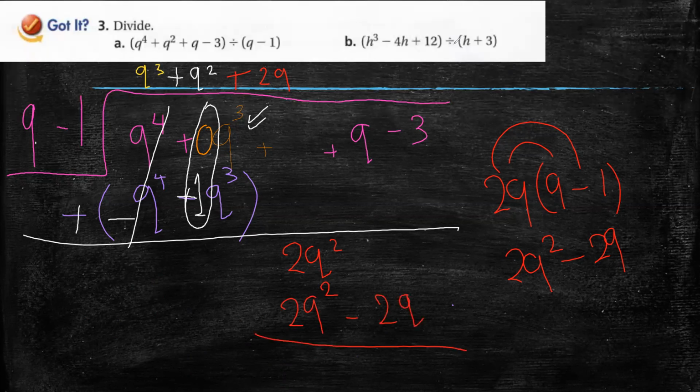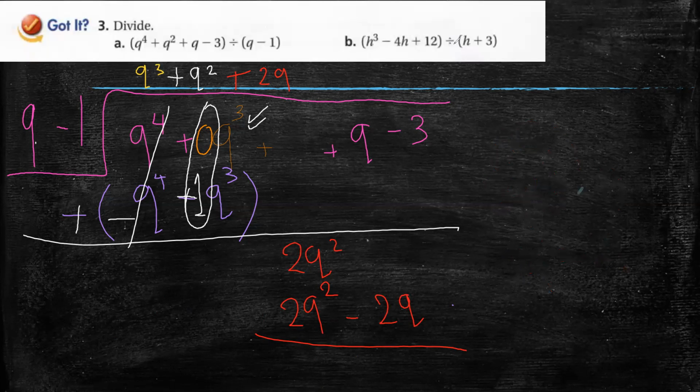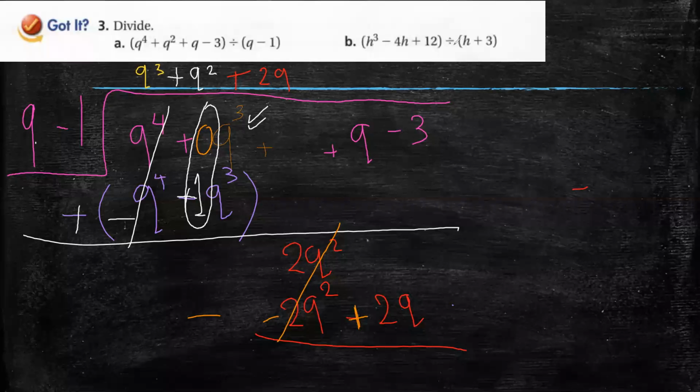And this 2q squared is the one that I wrote here before. Minus sign, change the signs here for each term. So 2q squared minus 2q squared is 0, plus 2q, keep it down.